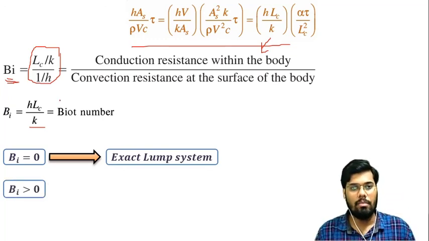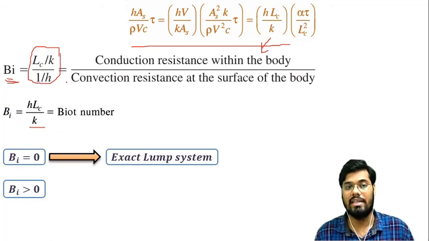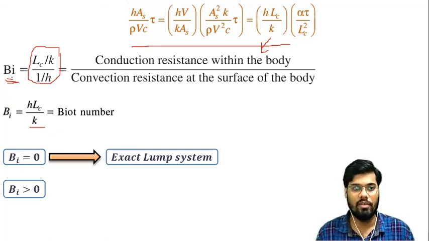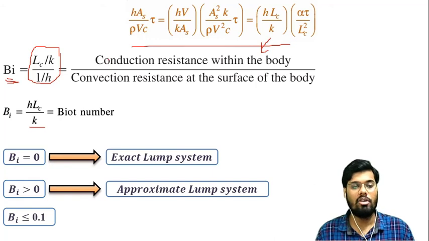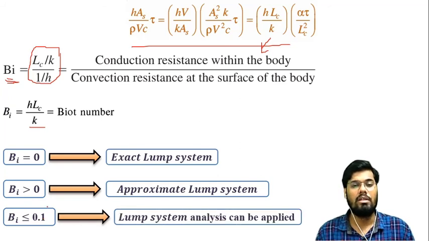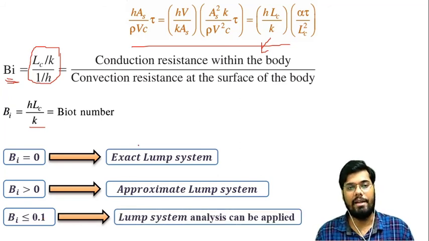If the Biot number is greater than 0, of course convection resistance is higher than the conduction resistance, which is an approximate lump system. But if the Biot number is less than or equal to 0.1, the lump system analysis can be applied.